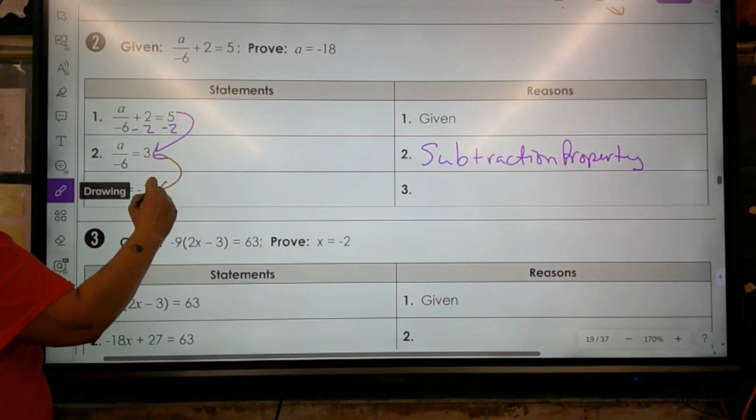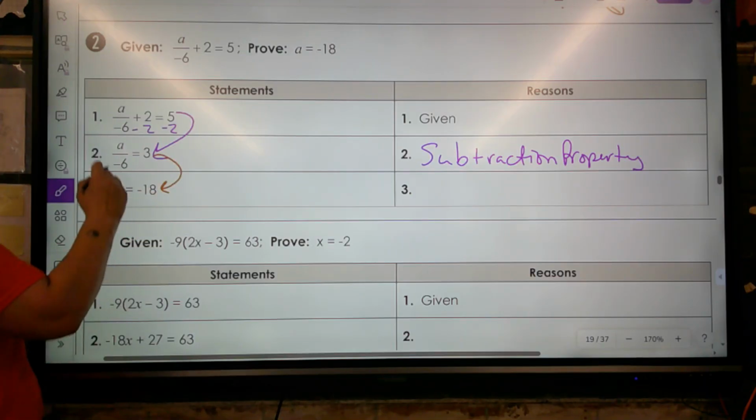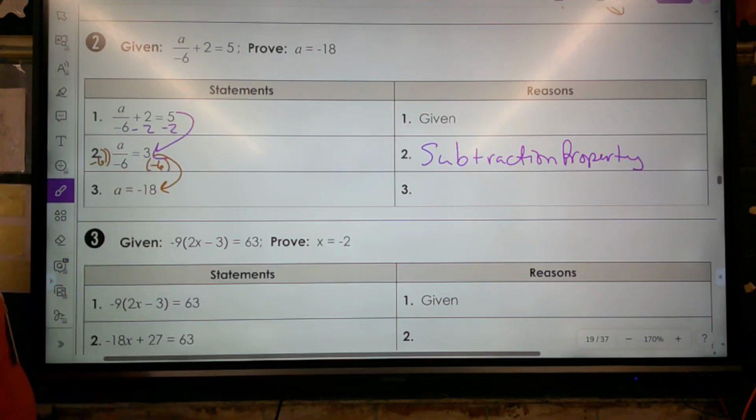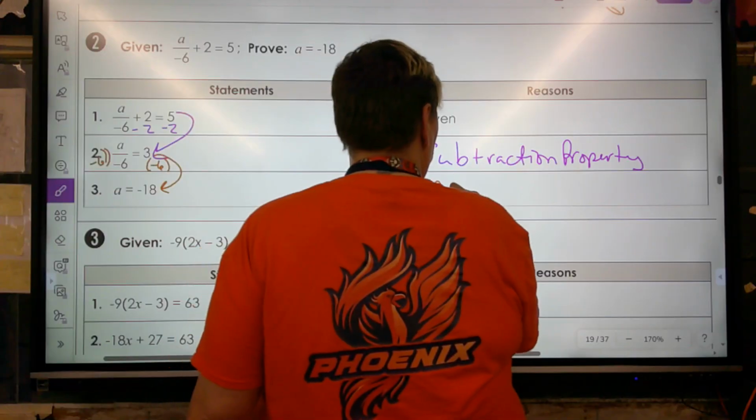From here to here, it looks like they multiplied both sides by negative 6. Make sense? That is multiplication property.